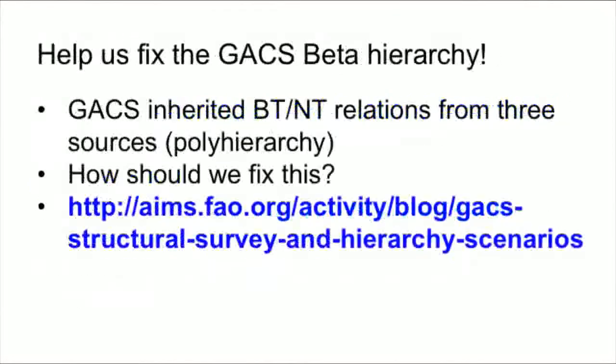So we'd like to ask you to help us fix the hierarchy of GACS Beta, which is the biggest remaining task that we need to do in order to release GACS as 1.0.